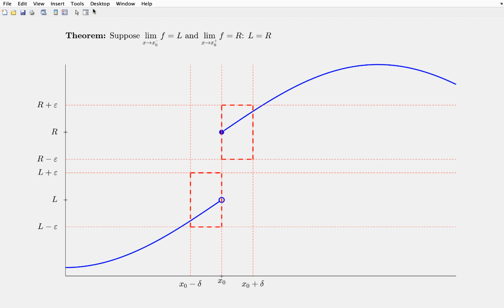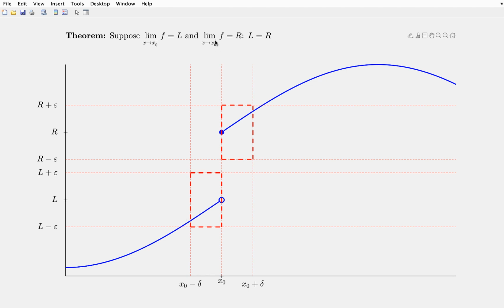Now suppose that f has a limit L from the left and a limit R from the right. This superscript negative indicates a left limit, in other words, as x approaches x naught from the left.